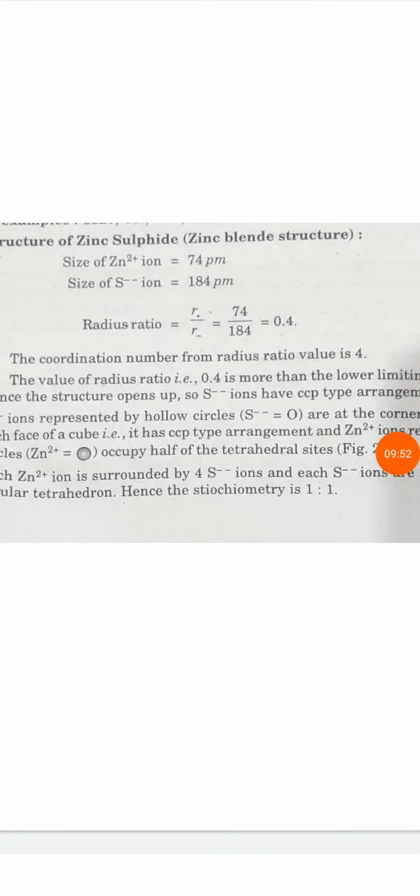In this structure, sulfide ions have a CCP type of arrangement.